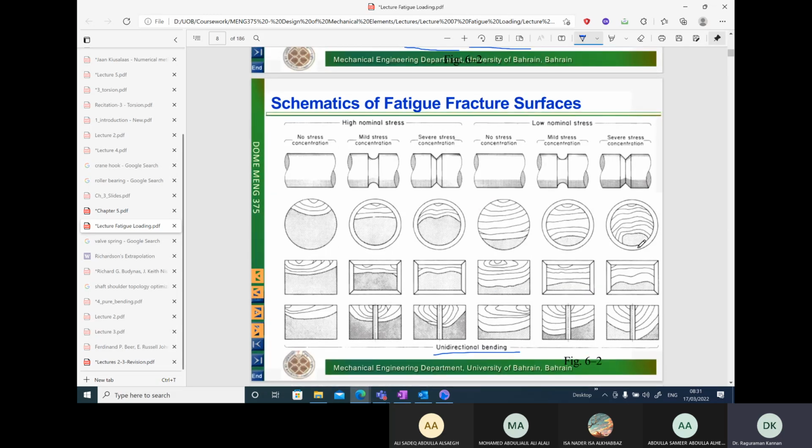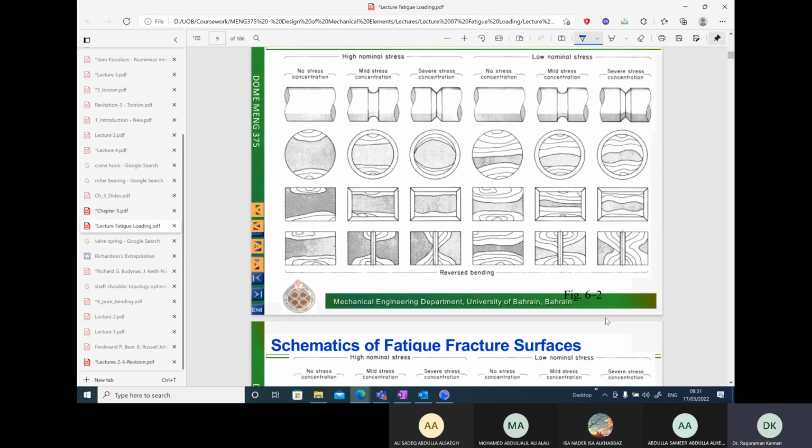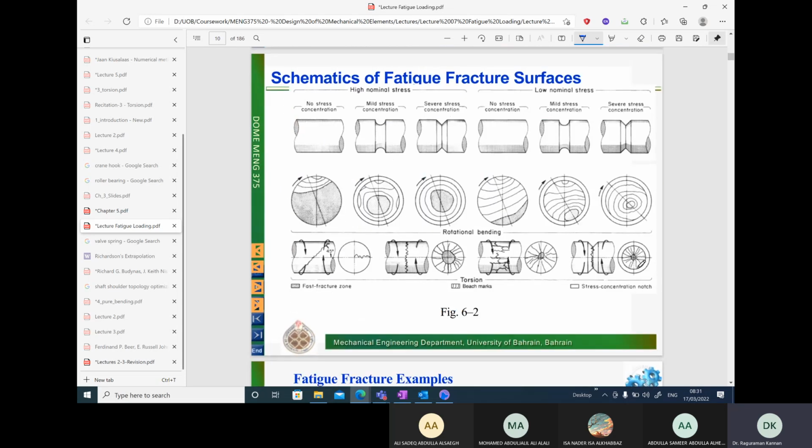Even in this completely reverse bending, even here we have some kind of fracture where in the center we have the material stuck together for the last stage of fracture, and we cannot be very sure about what kind of load was applied just by looking at the surface.